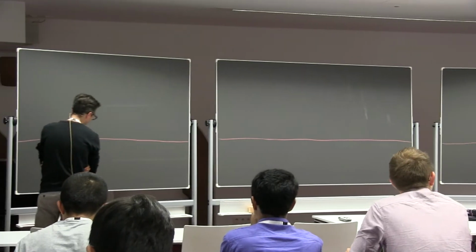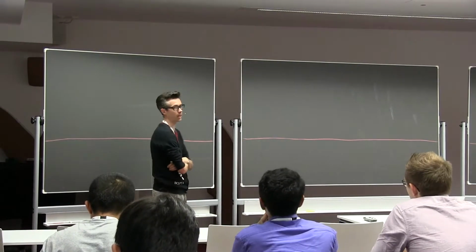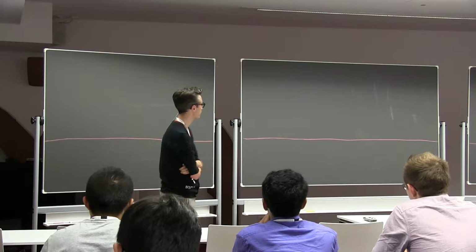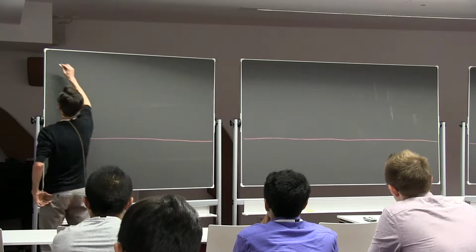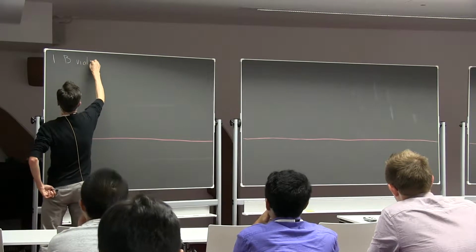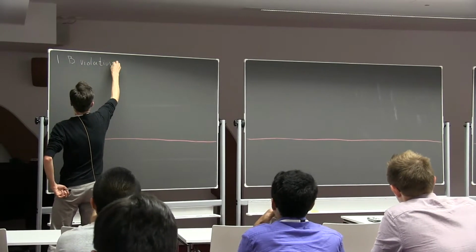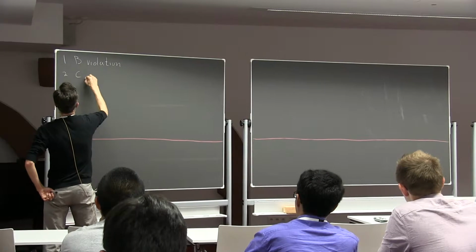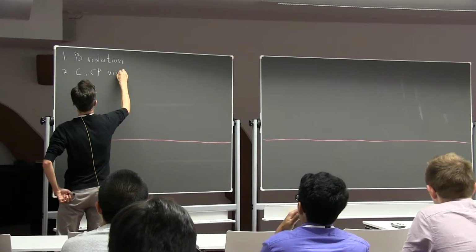Our goal is to figure out how to make more baryons and antibaryons. If you recall, we have three conditions. The first is baryon number violation. The second is C and CP violation.